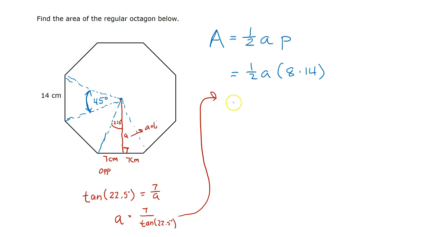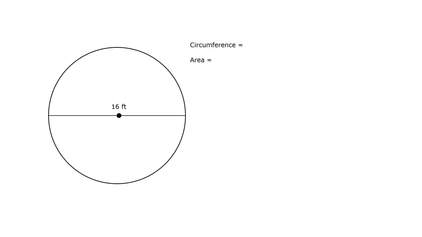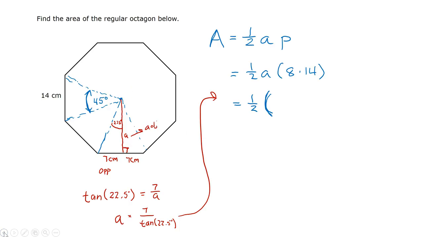The area is going to be 1/2 times 7 over the tangent of 22.5 degrees, over that 8 times 14.